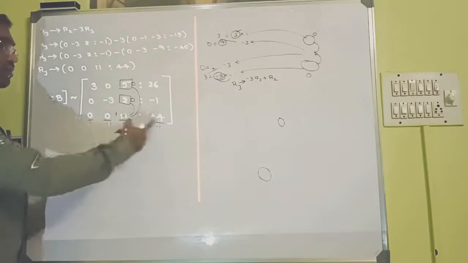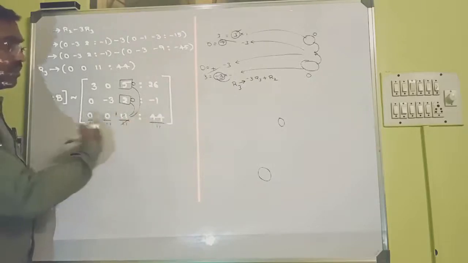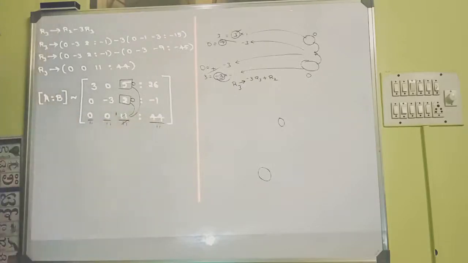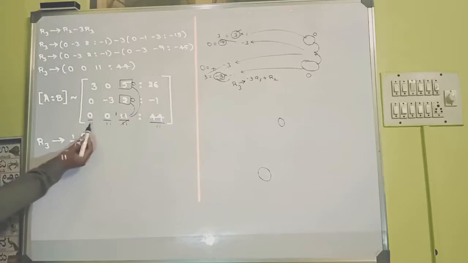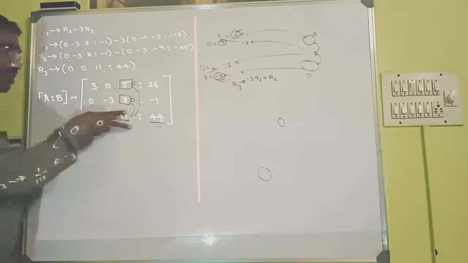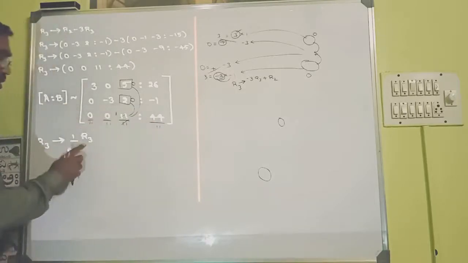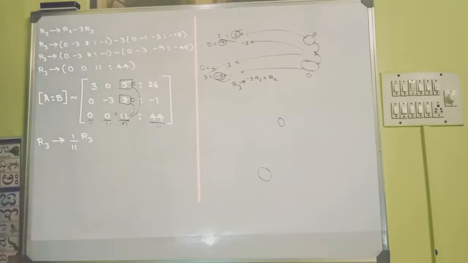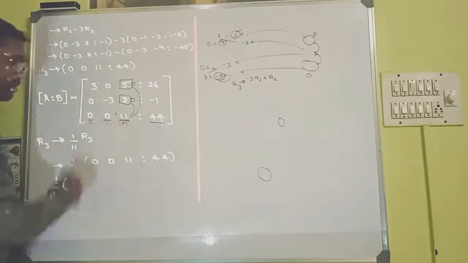Let us make the changes to this third row as R3 changes to 1 by 11 times R3. That means we are multiplying 1 by 11 to the elements of R3. Let us do that. 1 by 11 times R3.